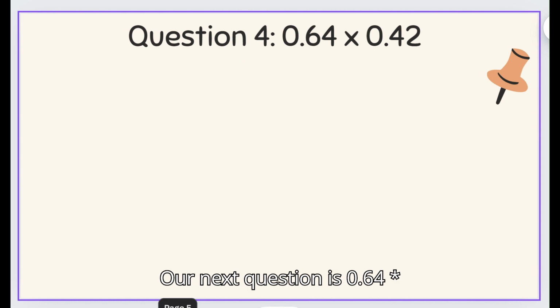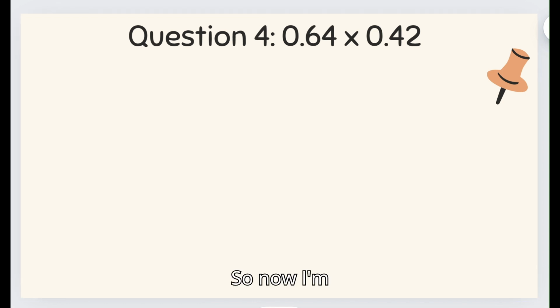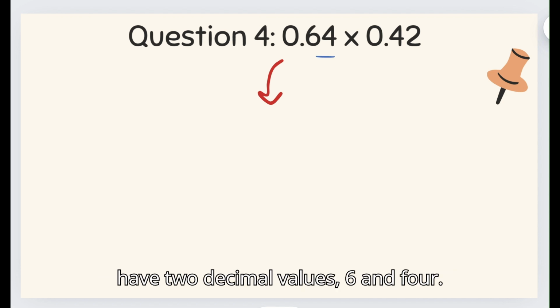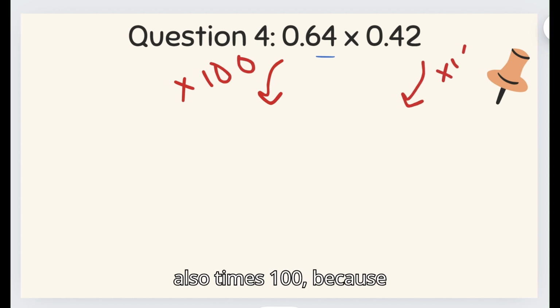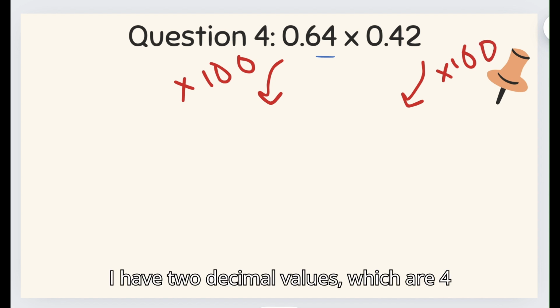Our next question is 0.64 times 0.42. So now I'm going to multiply this by 100 because we have two decimal values, 6 and 4. So times 100. This one also times 100 because I have two decimal values, which are 4 and 2.